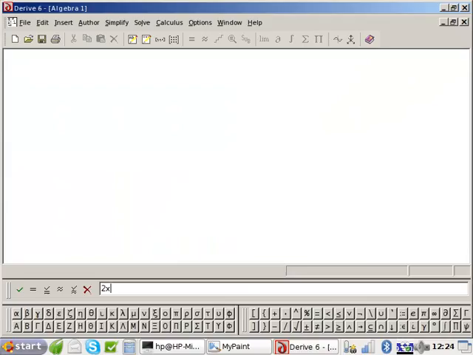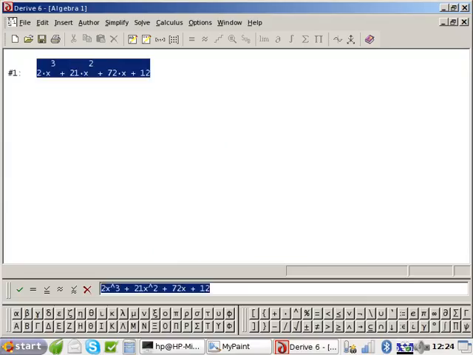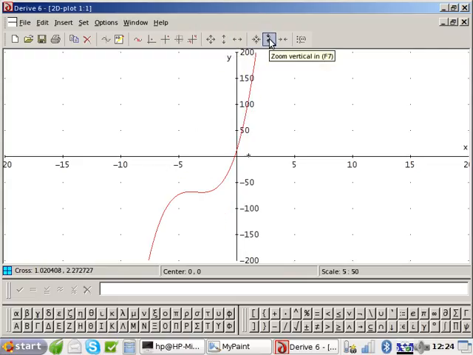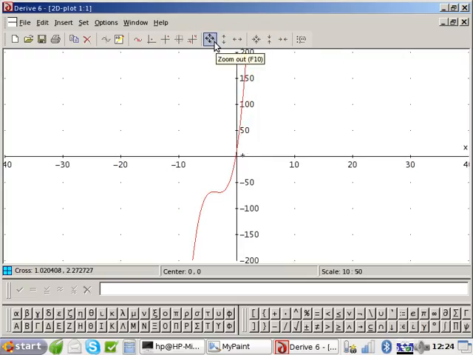Okay, 2x cubed plus 21x squared plus 72x plus 12. Okay, let me try and get this a bit better zoomed in. Let me just move it down a bit.